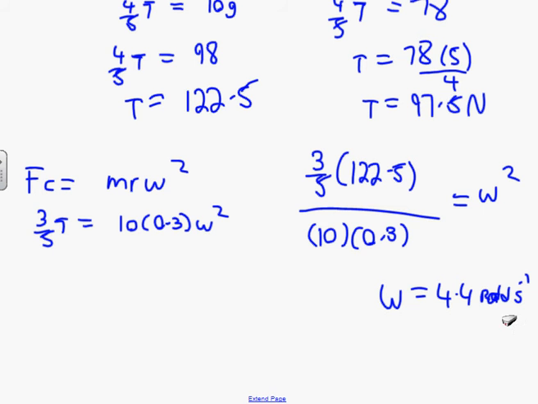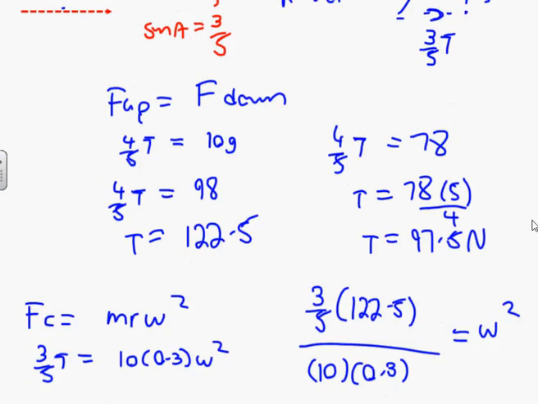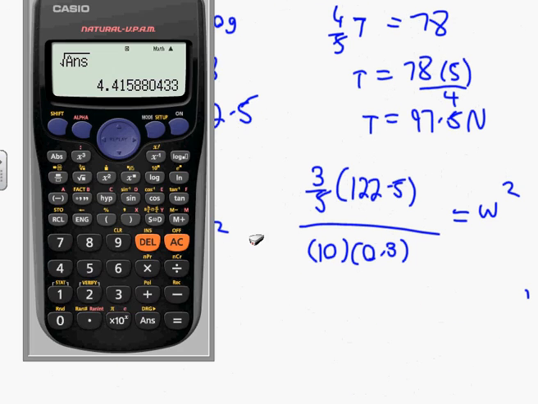Okay, so now we're going to put all this in our calculator and we want to prove that it's the square root of 24.5. So 3/5 of 122.5, and then divide that by 3, square root of 24.5.